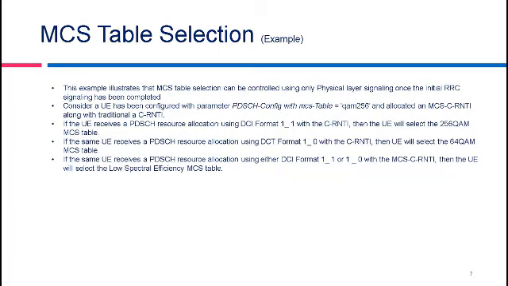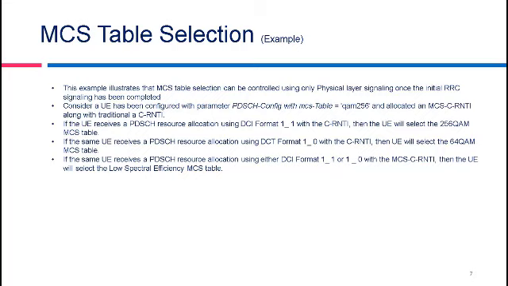Let's consider a UE which is configured with parameter PDSCH config with MCS table as QAM 256, and it has been allocated MCS C-RNTI along with the traditional C-RNTI. If the UE receives a PDSCH resource using DCI 1_1 with C-RNTI, then the UE will select the 256 QAM MCS table.